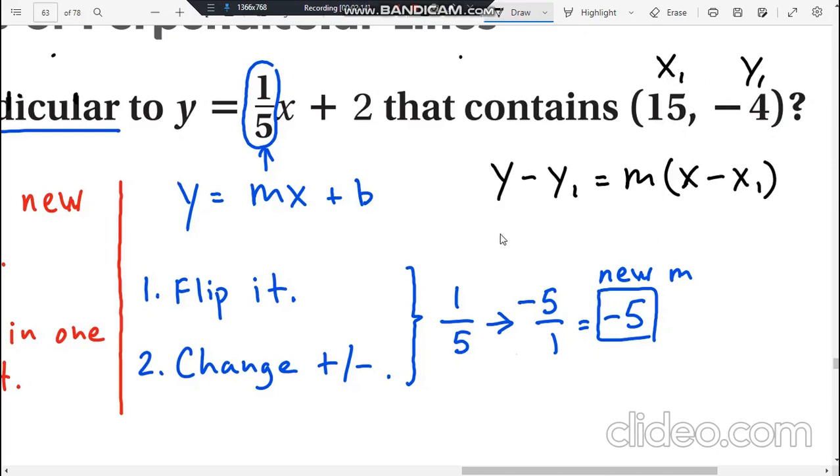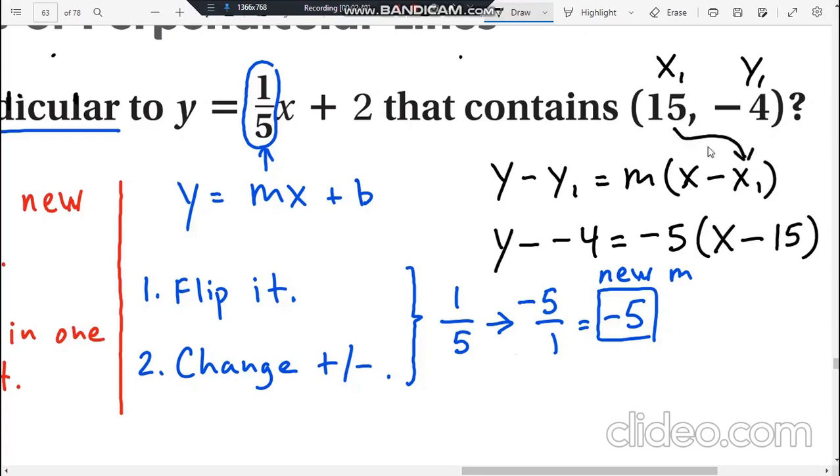So y minus y1 is going to be y minus negative 4. And that equals m, which we said was negative 5, times x minus x1. So that's going to be x minus 15. So we just took our point and we plugged it in for x1. And of course, we plugged it in for y1.